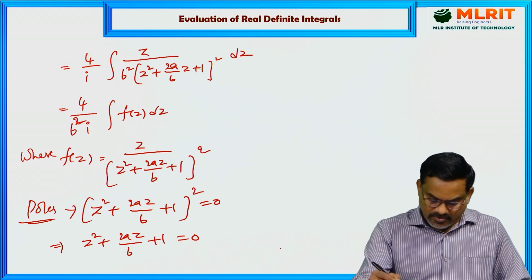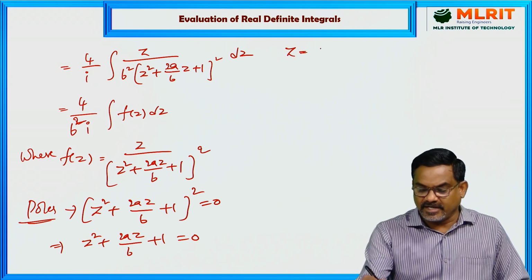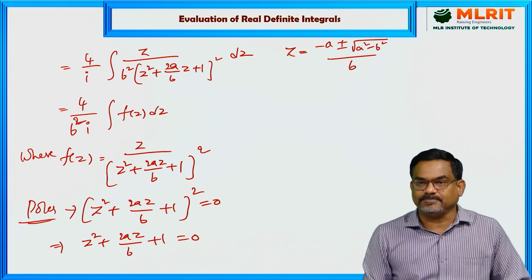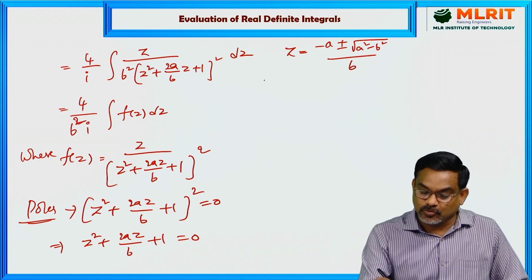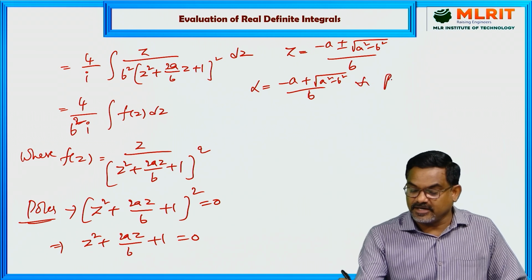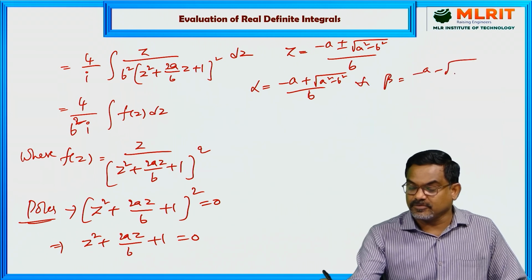By finding the roots, we get z equal to (minus a plus or minus root of a square minus b square) by b. So there are two roots. Let us consider the first root, (minus a plus root a square minus b square) by b, as alpha, and the second root, (minus a minus root a square minus b square) by b, as beta.